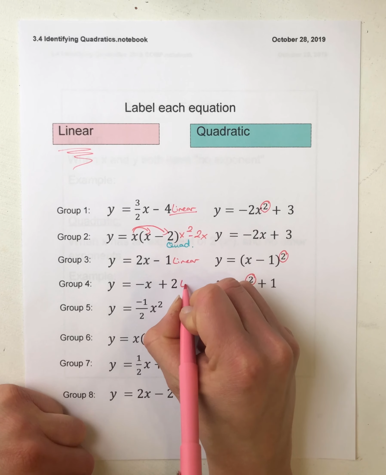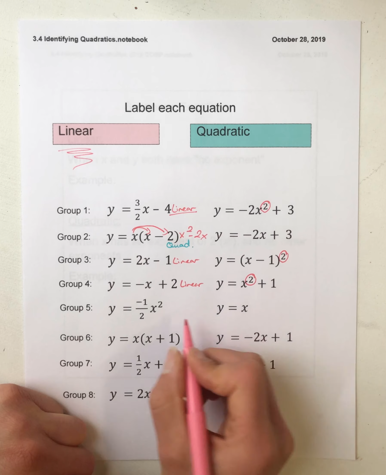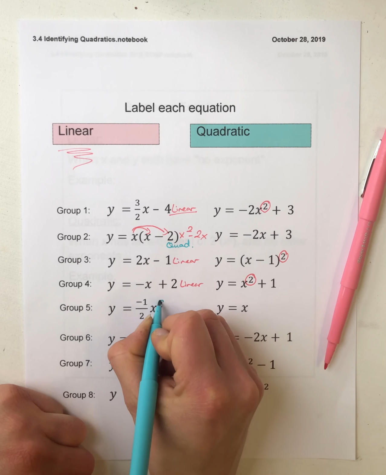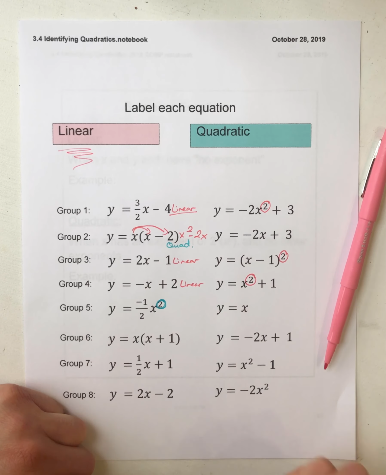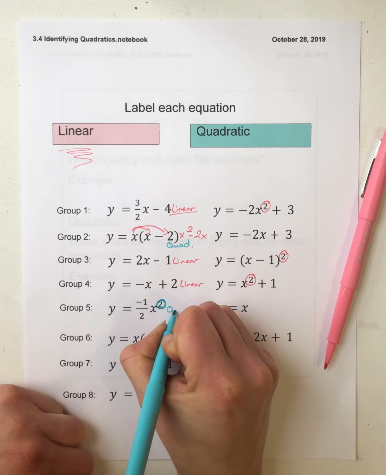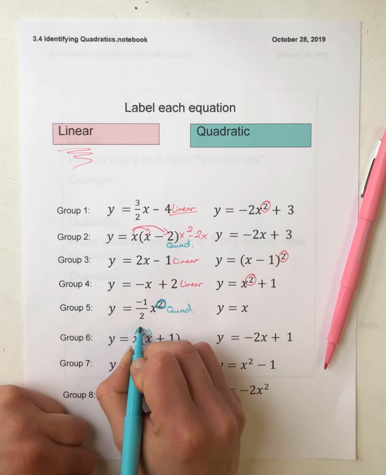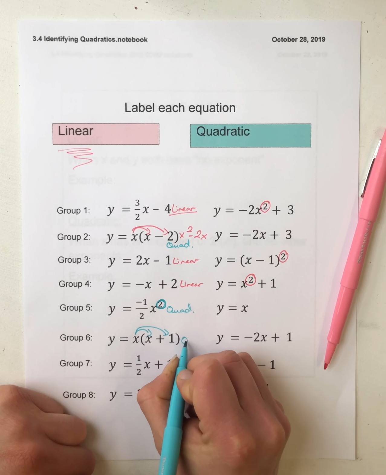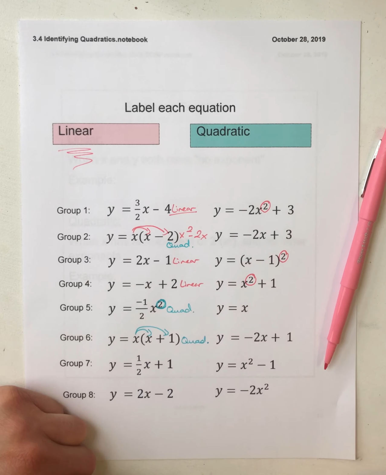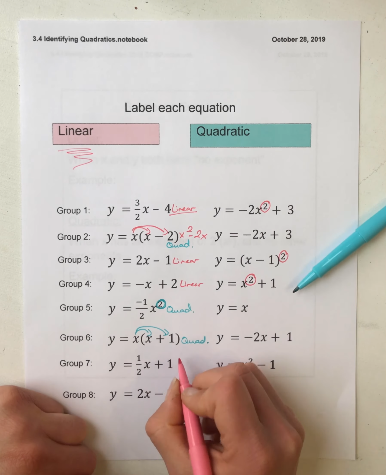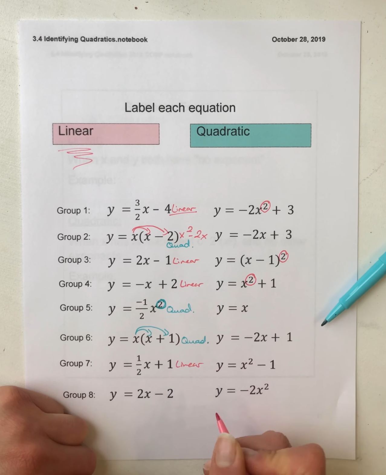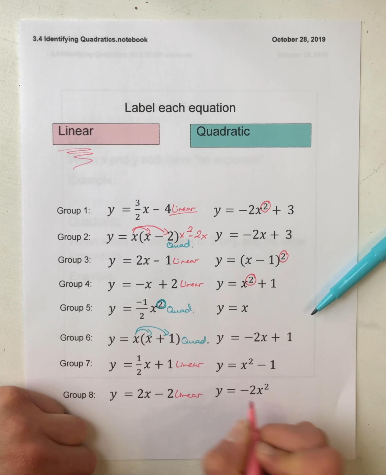Same with the next one, linear. But we now see a squared, so this is going to be quadratic, okay? So on and so forth. Again, if we FOILed this out, it would give us a quadratic. Linear, linear, because I don't see any squareds.